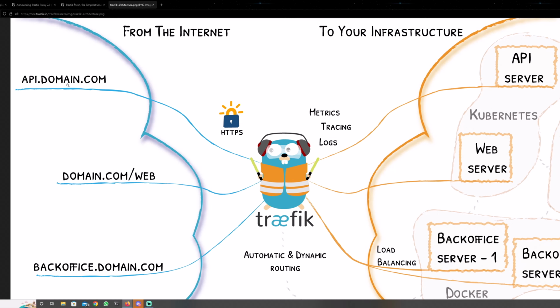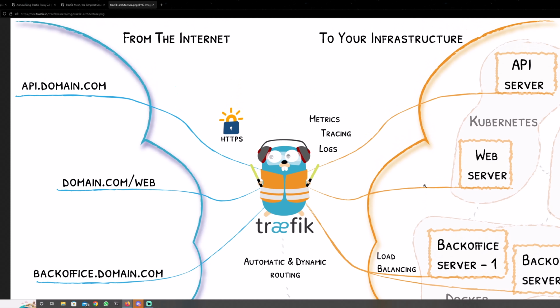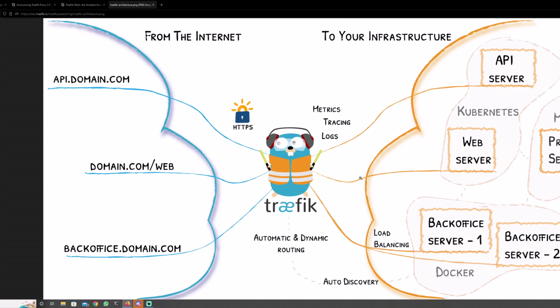For example, let's say api.domain.com has to reach this web server, which is, I don't know, in your compute, could be running in Kubernetes, could be running in Docker, could be running on your local environment, on a physical machine, who knows, right? So its basic job is to route domains or hosts to different services.